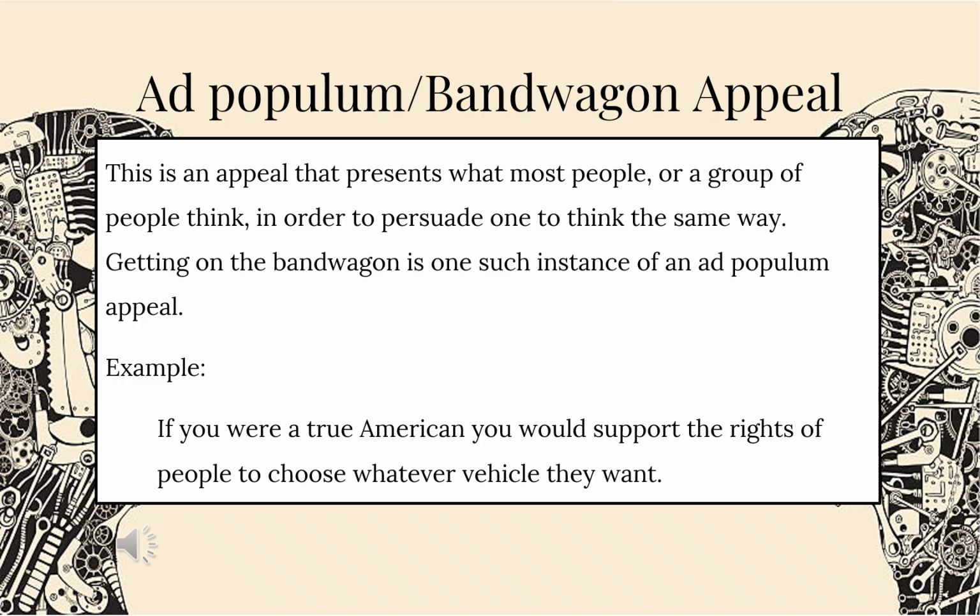In this example, the author equates being a true American to a concept that people want to be associated with, particularly in a time of war, with allowing people to buy any vehicle they want, even though there is no inherent connection between the two.